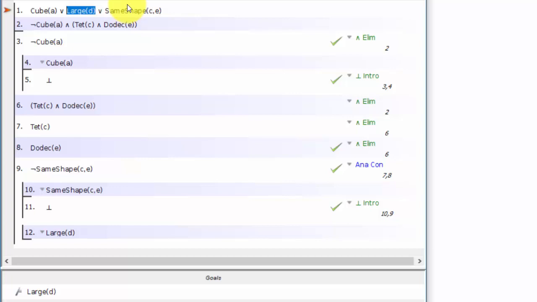Okay, so now what we're going to do is depart from the informal reasoning. Now we have to do some tweaking in order to get this to work.